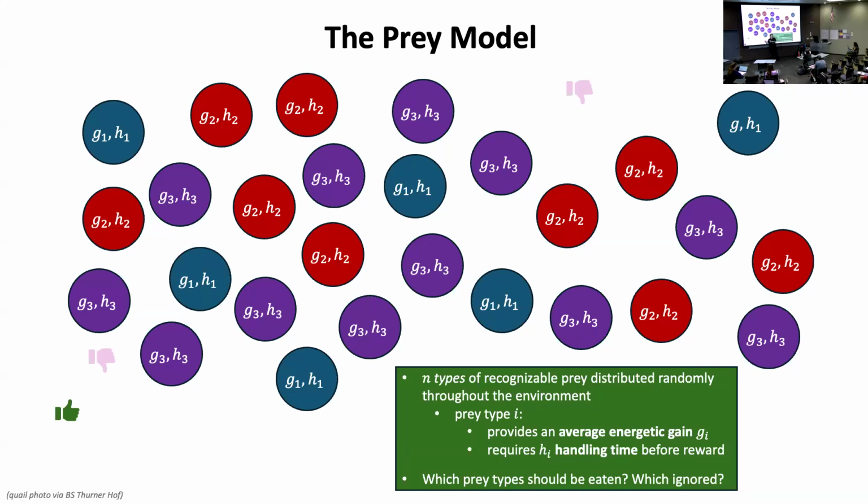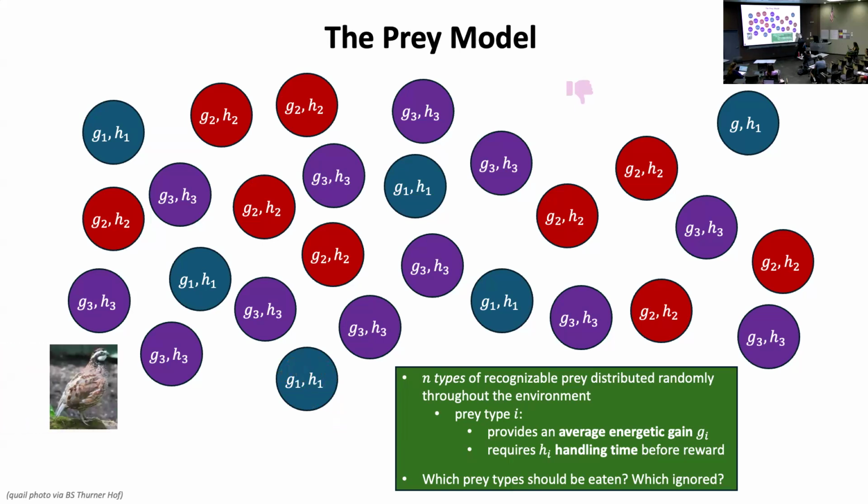That's the key difference between the prey model and the patch model: everything's lumped, it's all or nothing. You either ignore this and don't pay any of the handling time, but you don't get any of the gain, or you decide to eat this and then you pay all of the handling time, but you get all of the calories out of it.